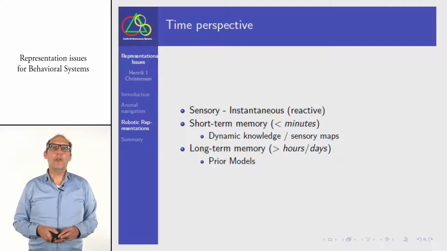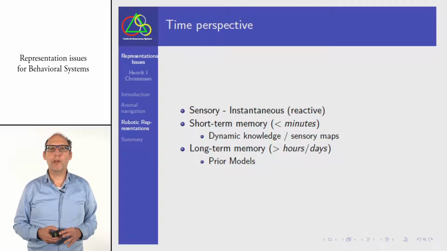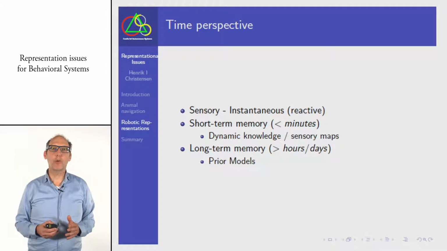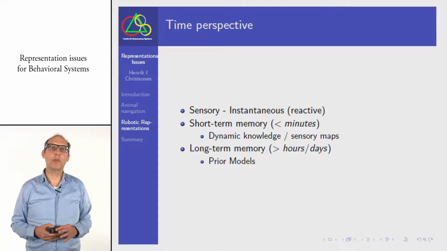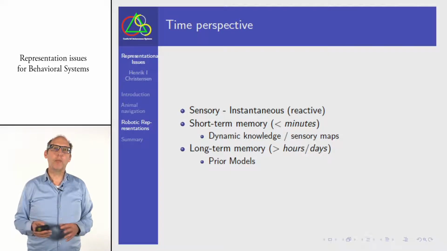What you see for robots is that you can store that on three different levels. On the lowest level, you have the reactive layer, where all the sensory information is processed and directly coupled to actions. So that's information you can directly forget. Some of that information you aggregate to build a dynamic sensory map of your local environment.